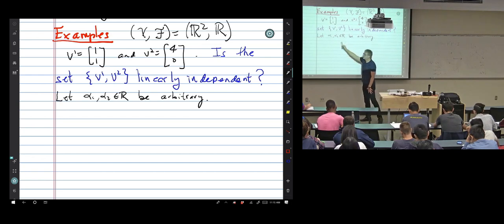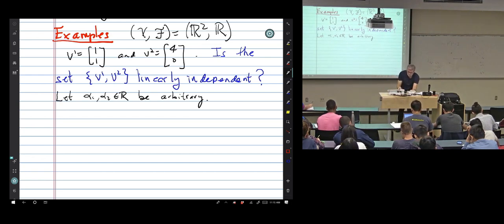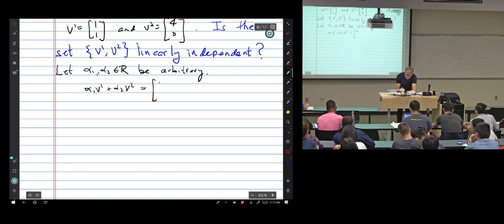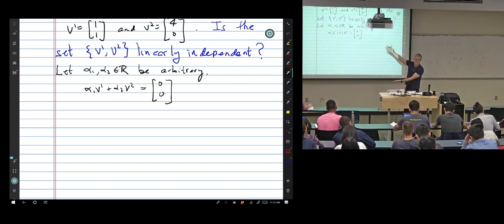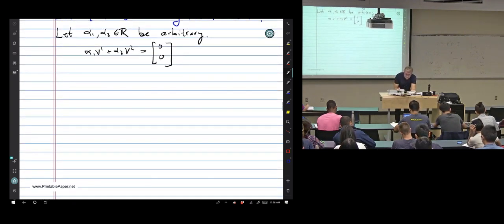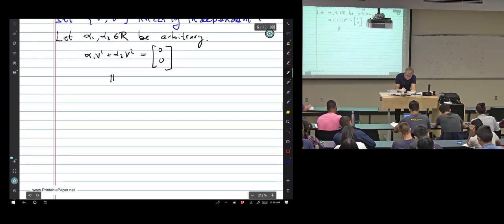So here's my F. I form the linear combination and I set it equal to the 0 vector. And I look at what type of solutions I get in terms of my unknowns, which are alpha 1 and alpha 2. So this equals 0 if and only if.